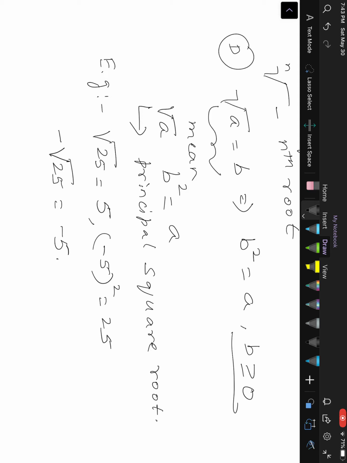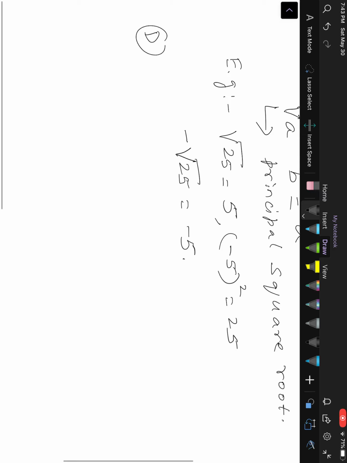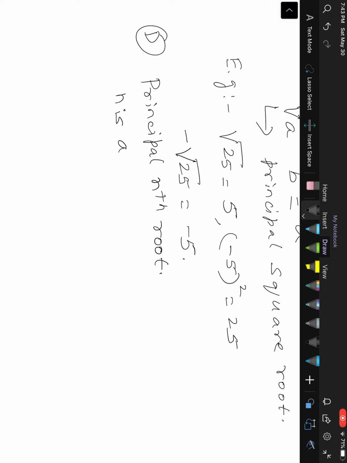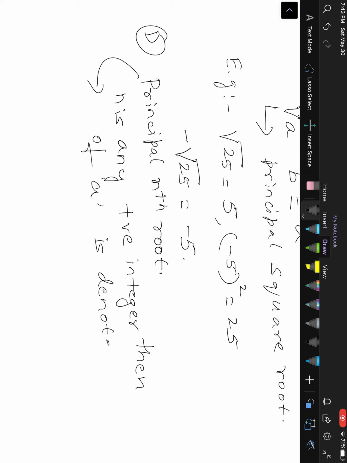Now we shall define the nth root, the principal nth root, as well. So if n is any positive integer, then the principal nth root of a is denoted by nth root of a is equal to b.